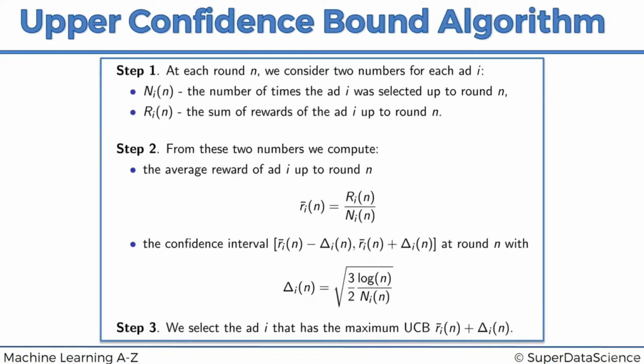And this is how the upper confidence bound algorithm works. I won't go into too much detail on this because Hadelin is going to run you through this, and you're going to code this from scratch in R, and you're going to code this also in Python in the following lectures of the course.